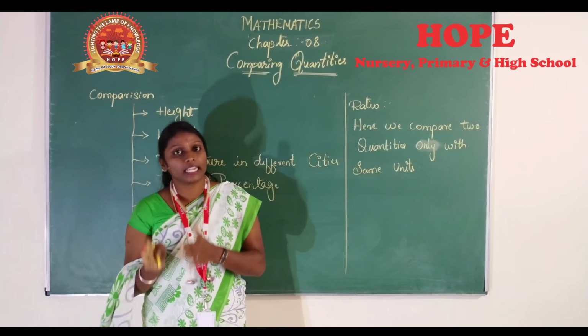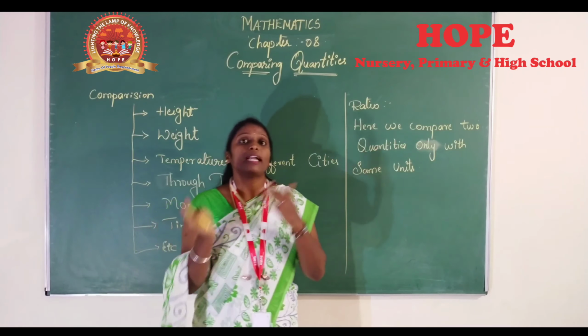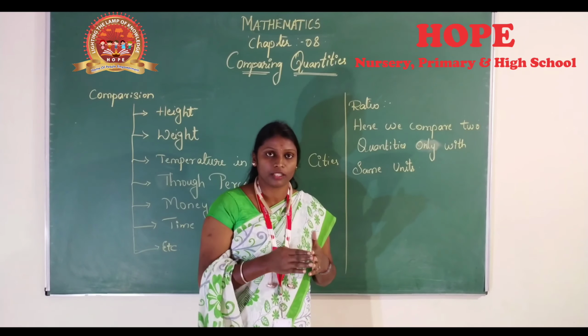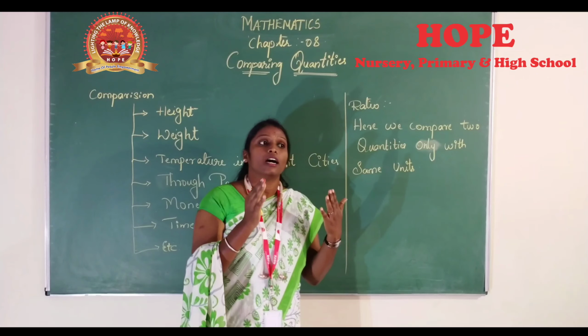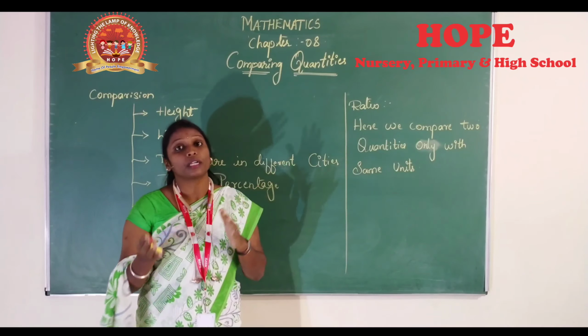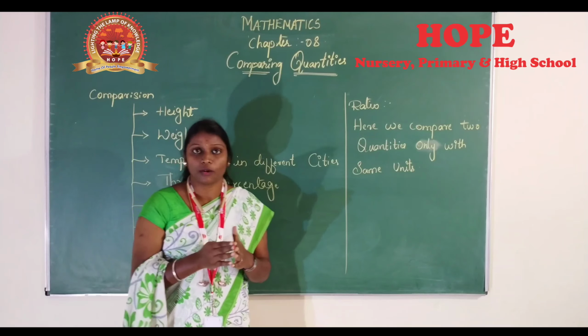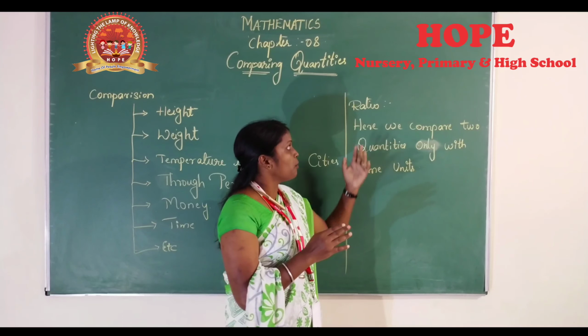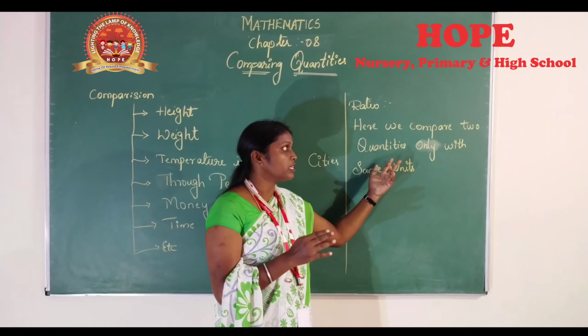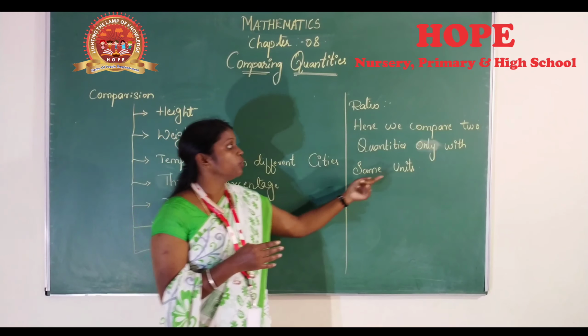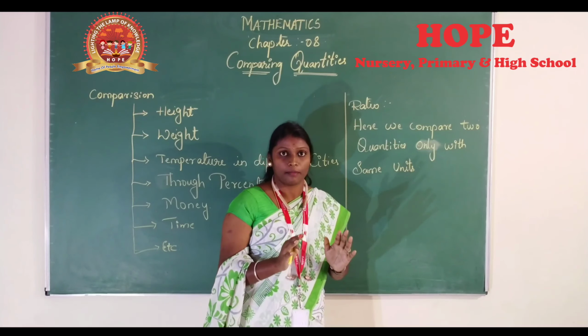If it is in kg, we convert that into grams and then compare. If it is in grams, we convert that into kg and then compare. Finally, you can make the comparison, but the unit must be the same.